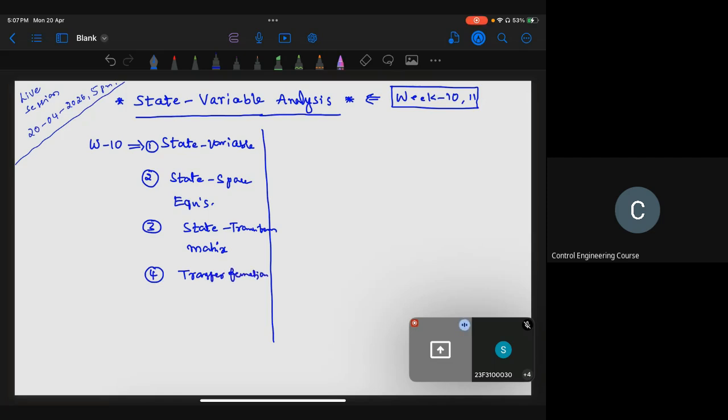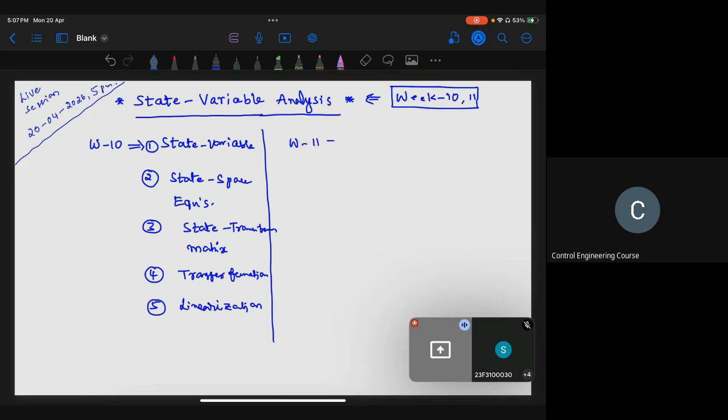We already know about transfer function, but now transfer function in view of these state space equations, then linearization. So these are the topics discussed in week 10.